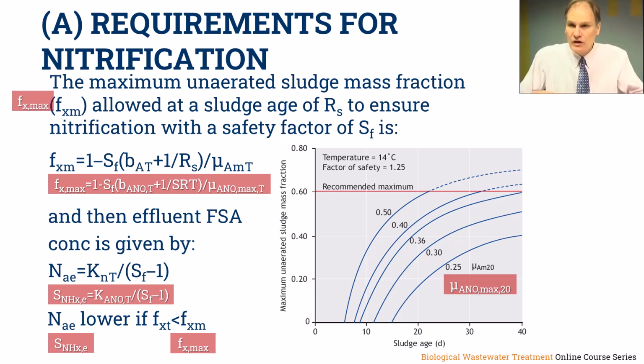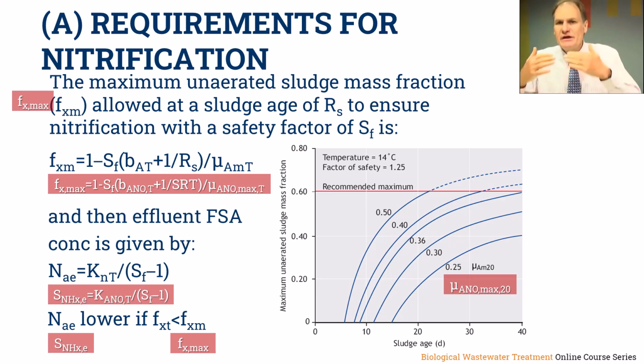Of course, the larger the unaerated mass fraction in the system, the more nitrate I can denitrify. So already within the choice of sludge age and unaerated sludge mass fraction, dictated by the maximum specific growth rate that I have for the particular wastewater that I'm dealing with, I have to already know what my effluent nitrate concentration is going to have to be.